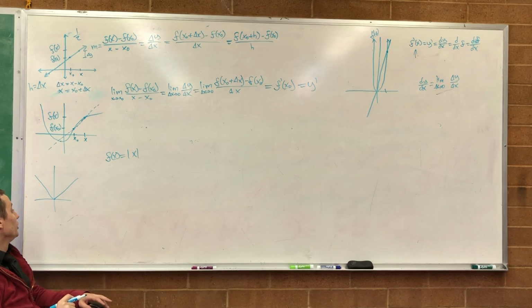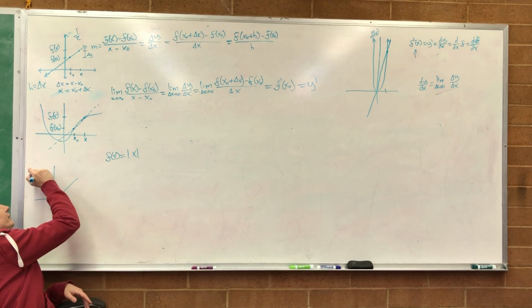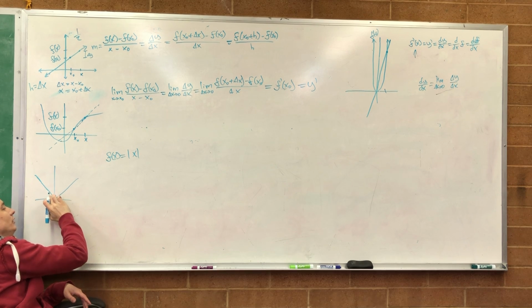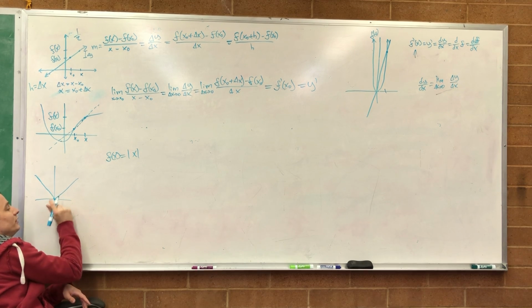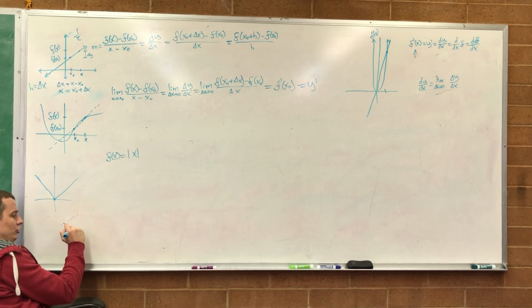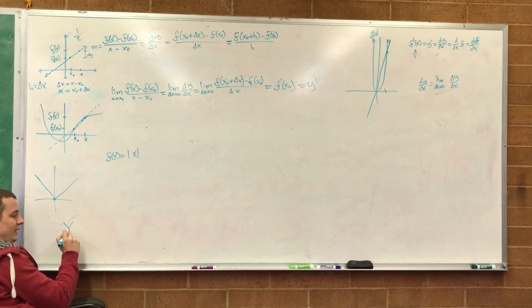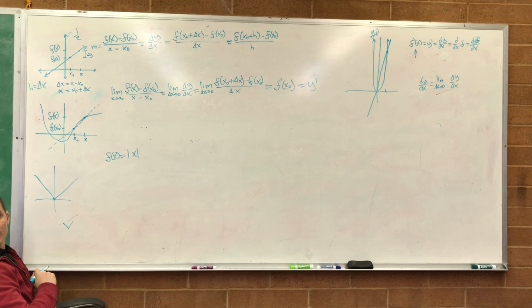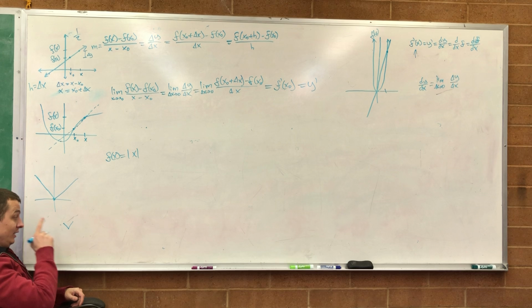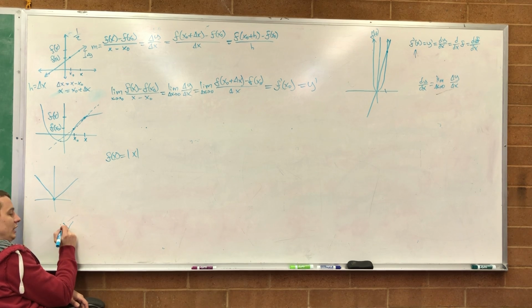Okay. Now notice just intuitively, since this is a sharp point right here, what's the slope at a sharp point? So it's a sharp V like that at the bottom. What's the slope at that point? At the point 0, wouldn't it just be 0? Remember how we get the slope: we say the tangent line that goes through it, but there's a bunch of tangent lines that go through it.